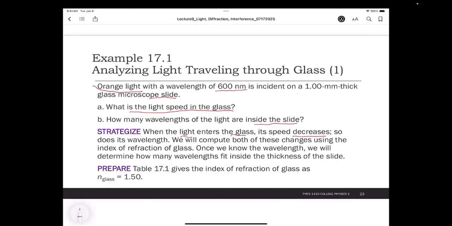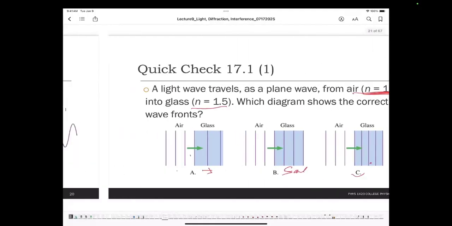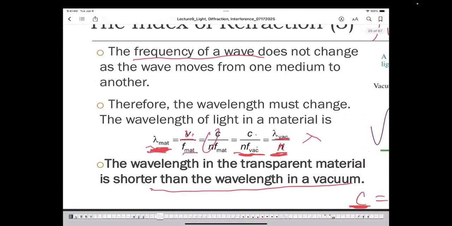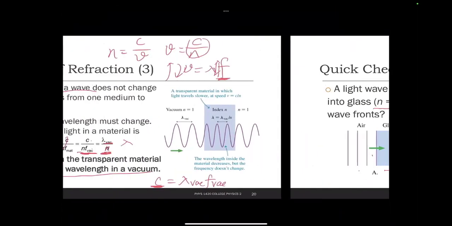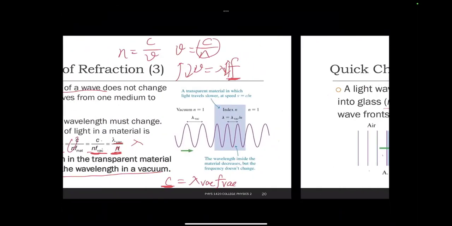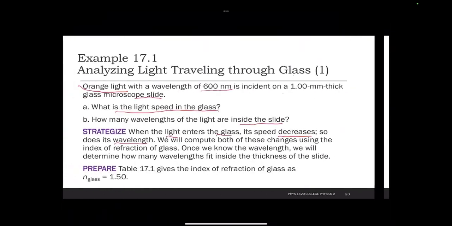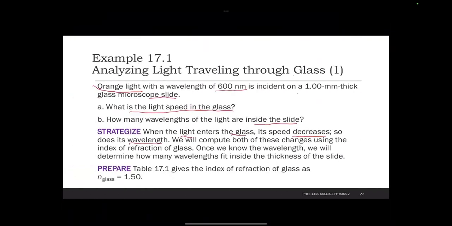The same goes for the wavelength, using these equations: the wavelength in materials is always smaller than in vacuum. So we'll compute both of these changes using the index of refraction of glass. Once we know the wavelengths, we will determine how many wavelengths fit inside the thickness of the slide.